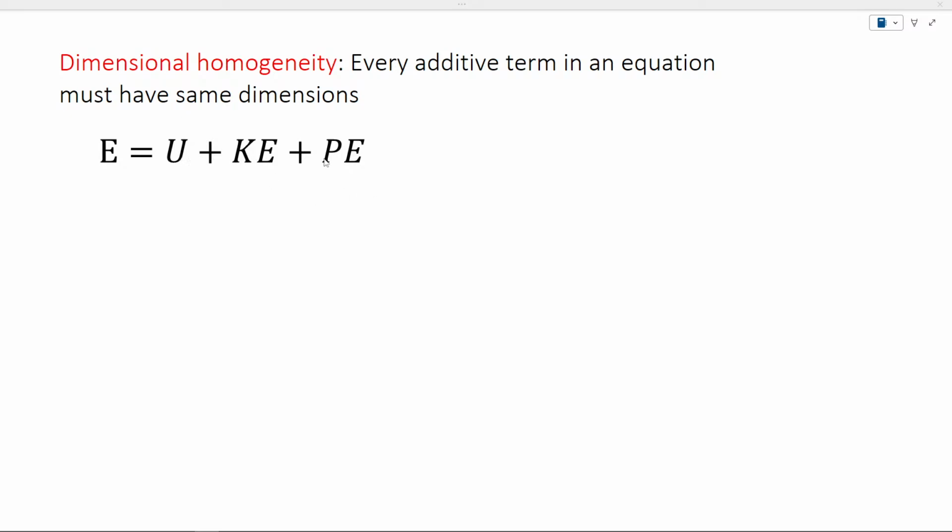Although each of these terms has a different equation, they all reduce to the same dimensions.